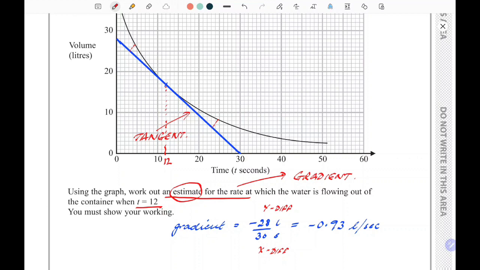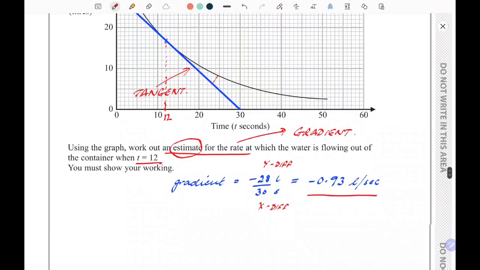And the time, my graph just happened to come out at 30 seconds. So I've got 28, and I've put a minus there just to show that it is actually a negative gradient, but they don't actually bother much about that in the mark scheme, if I remember correctly. So 28 over 30 in your calculator, in proper maths, will come out as minus 0.93 liters per second.